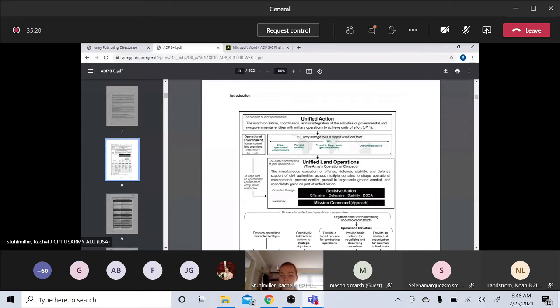The other term that you're going to hear is large-scale combat operations. I would tell you right now, if you hear LSCO, large-scale combat operations, this is a buzzword in the Army. This is something that you're going to hear over and over and over again.